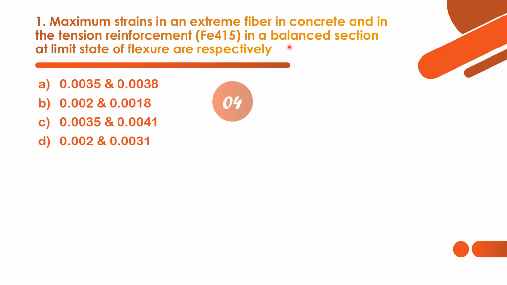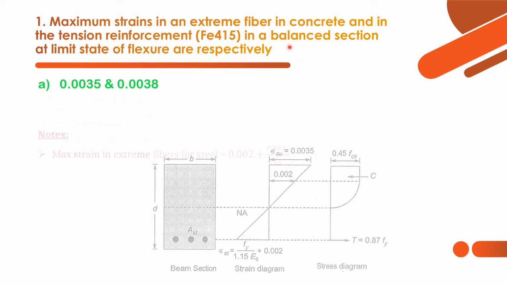What is meant by a balanced section? The depth of neutral axis is equal to xu limit, that is the balanced section. So the answer is option A: 0.0035 is the maximum strain in extreme fiber in concrete and 0.0038 for tension reinforcement. Now let's see how it is found.